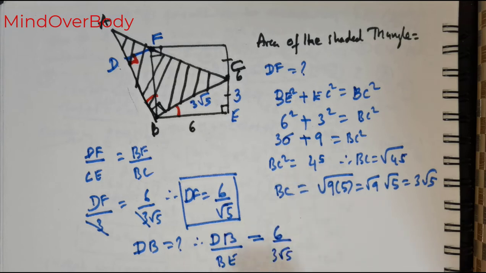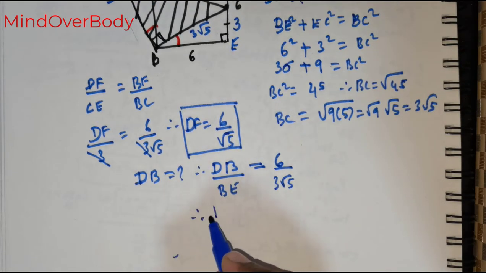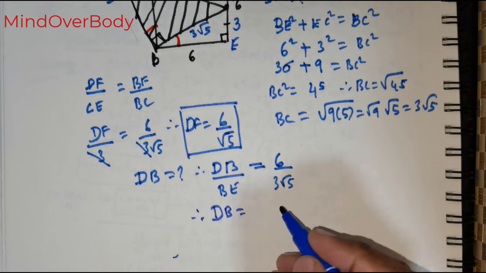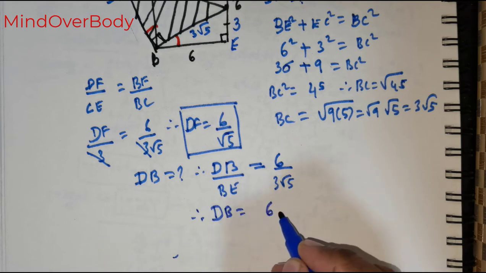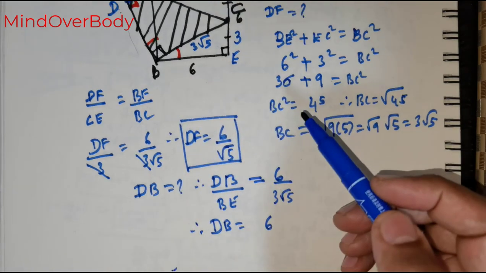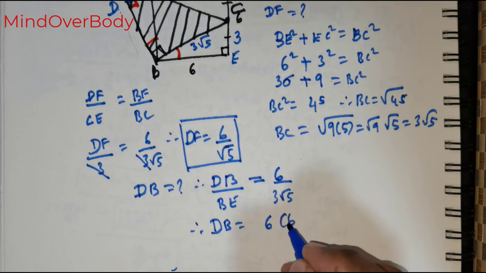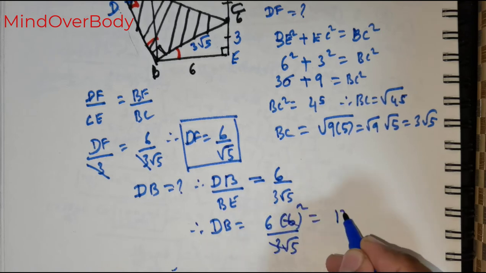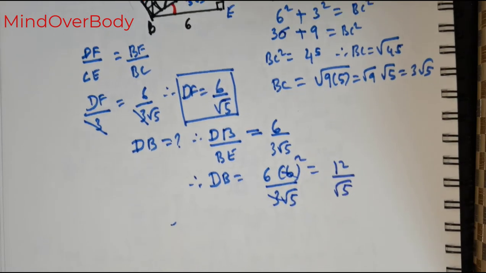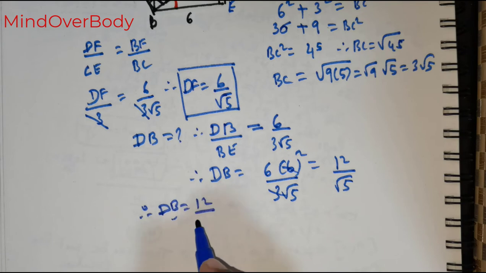So therefore I can write DB as equal to 6 times BE. My BE is 6 units, right? So 6 divided by 3 times root 5. So 3 divides here 2 times, so this is 12 over root 5. So this is my DB. So DB is equal to 12 over root 5. So I can box this.